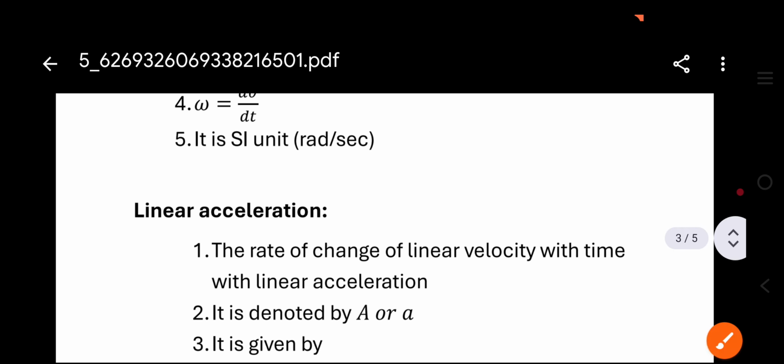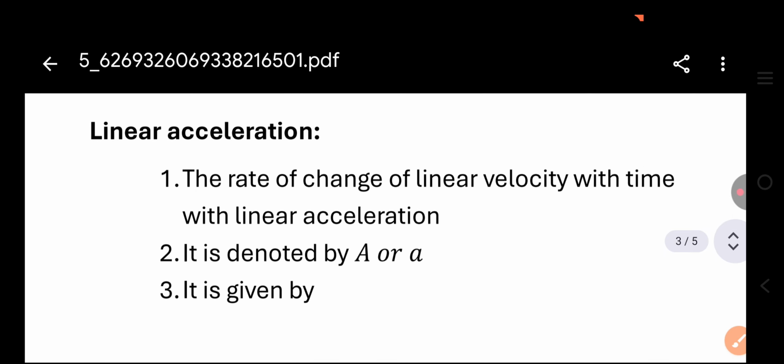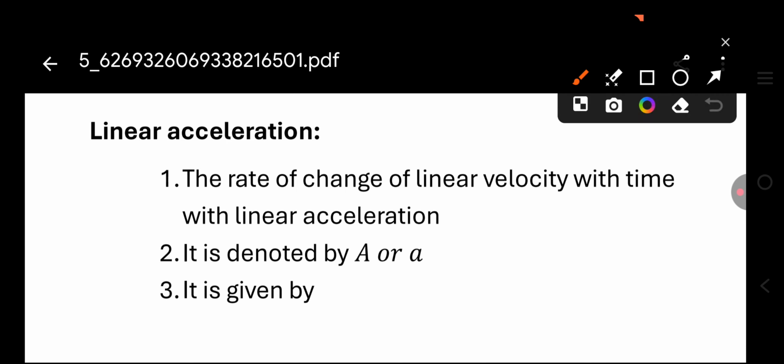Then another definition is linear acceleration. What is meant by linear acceleration? The rate of change of linear velocity with time is called linear acceleration.